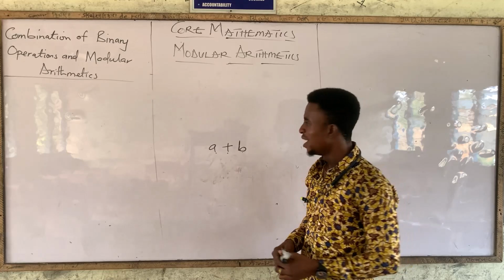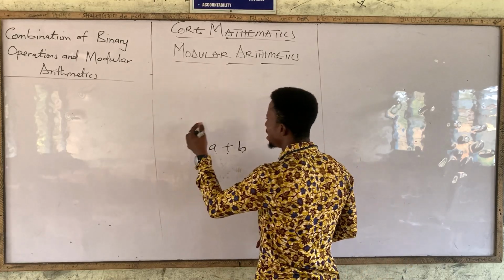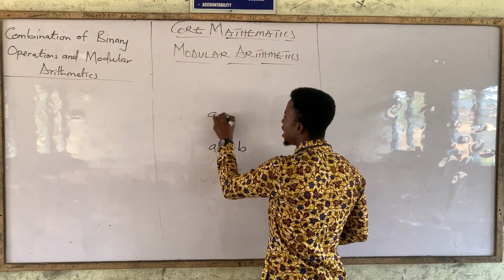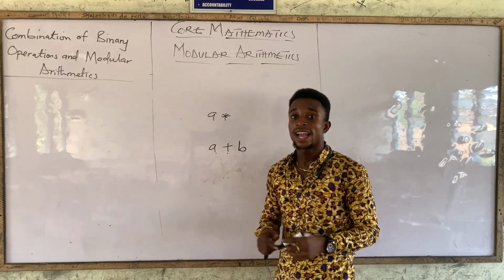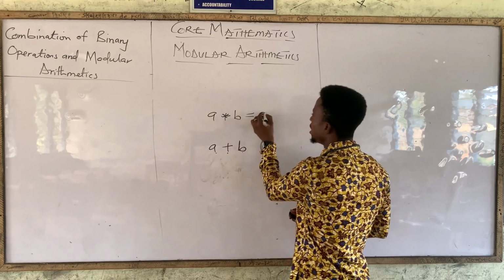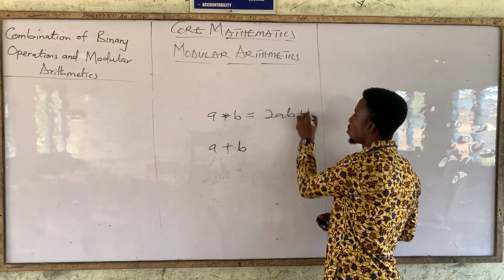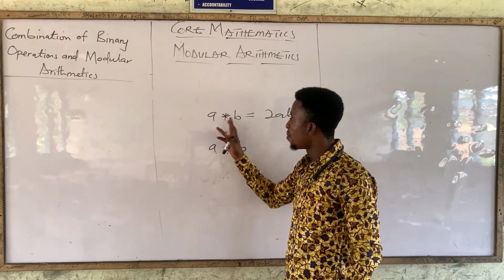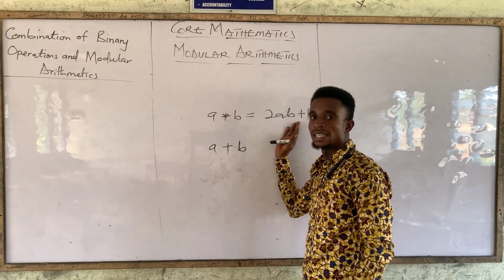Are we getting that? Sometimes you can also be given, let's say, A star B, where we define the operation, which is equal to 2AB plus 1. So before you can combine this, we use this machine.